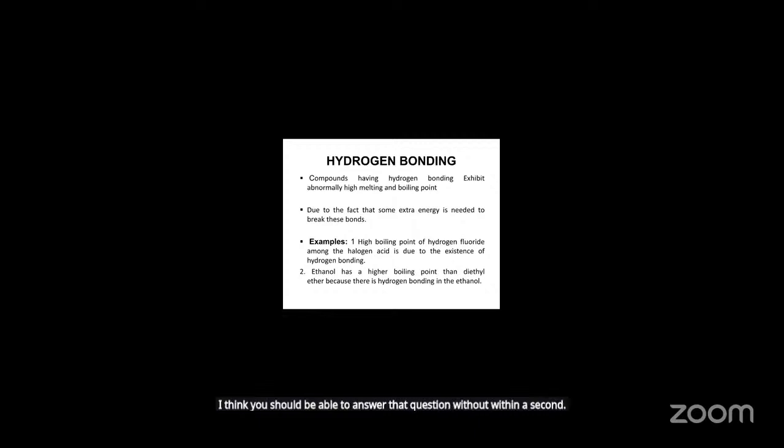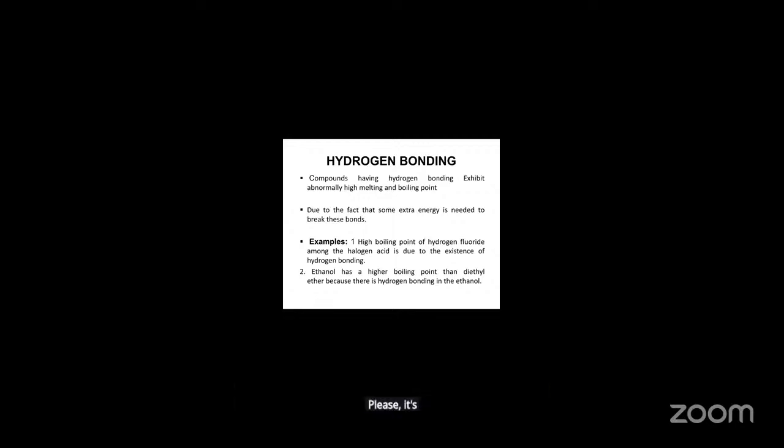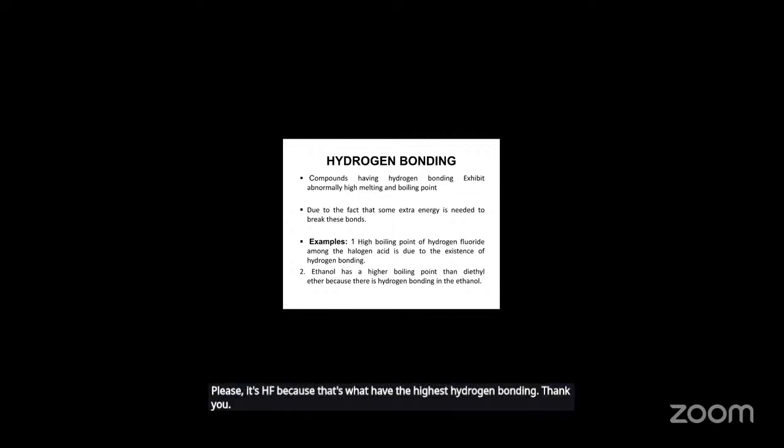Which of them? HCl. Why is it HCl? Why is it HF? It's HF. We are still in the class, or somebody is mixing it up. Please, it's HF because that's what has the highest hydrogen bonding. Thank you.